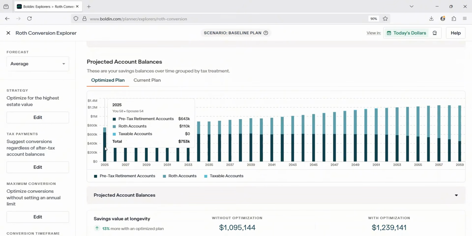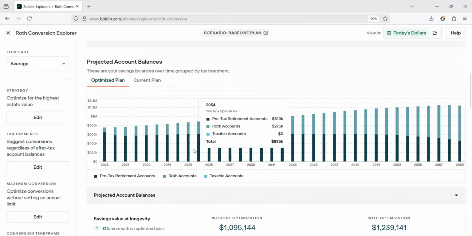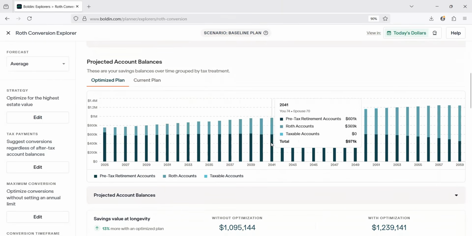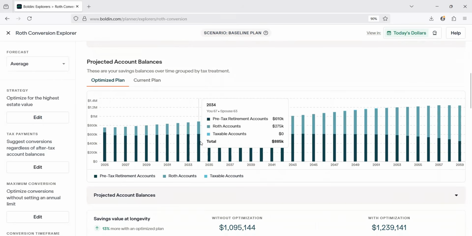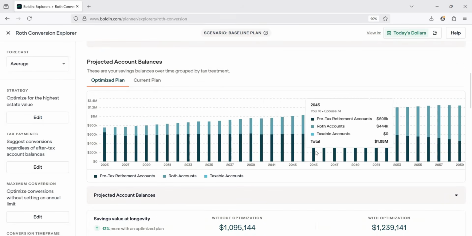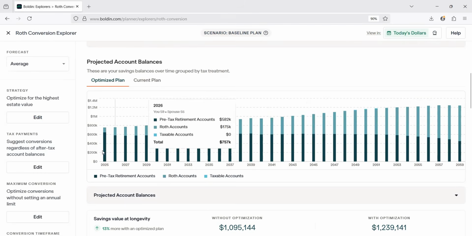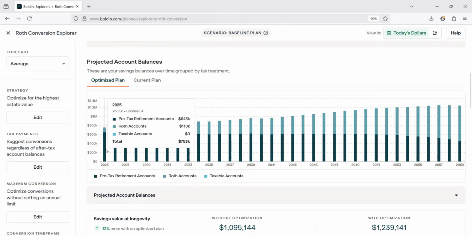You're going to go ahead and convert 110, et cetera, et cetera, et cetera. Okay, so really it does still leave money in your pre-tax, in your IRAs. You don't fully convert it all, okay? But it does help with some of the taxes.